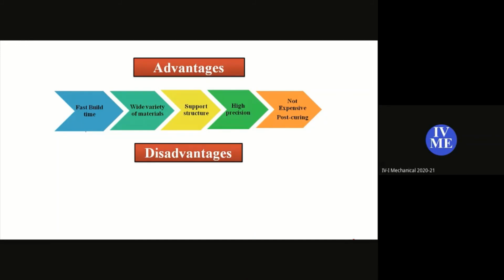But the material should be a sheet material with an adhesive nature for bonding purposes. That type of material is applicable for plastic materials, paper crafts, wood and ceramics. The next advantage is support structures.